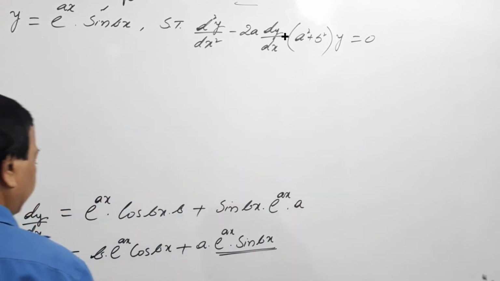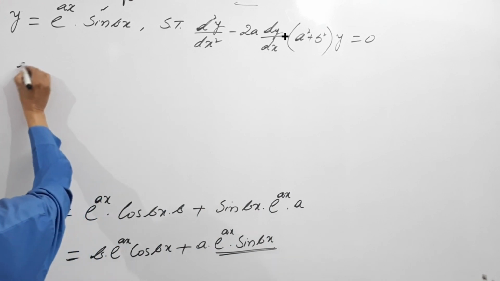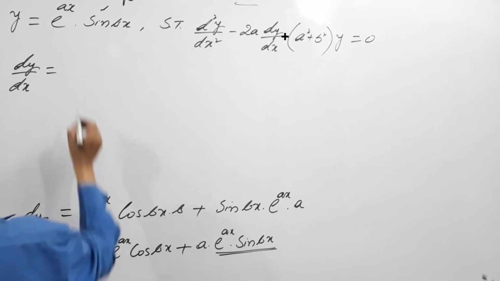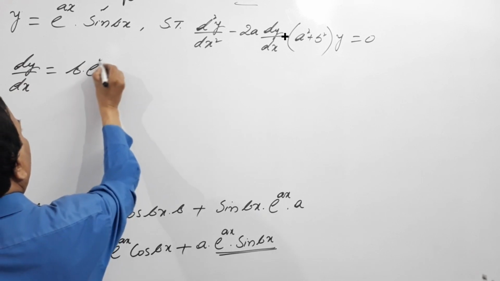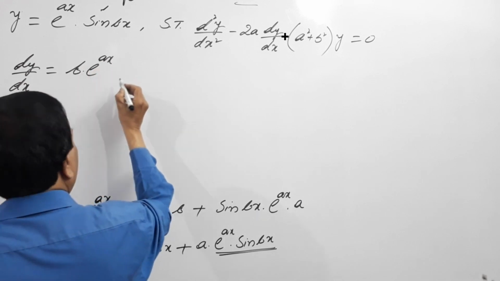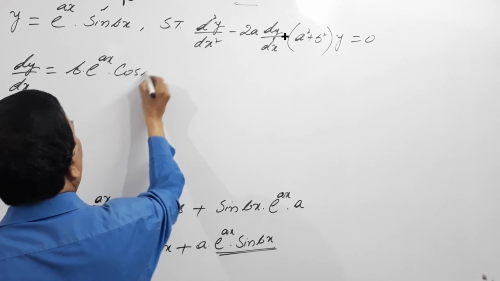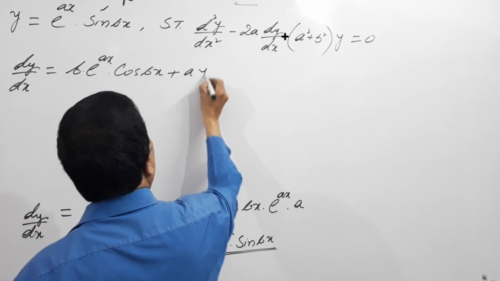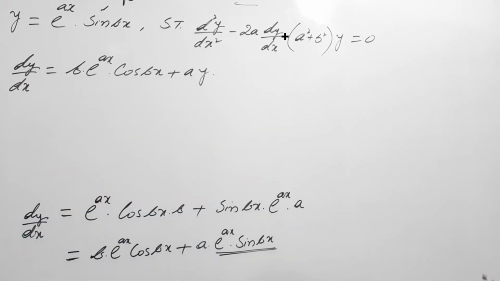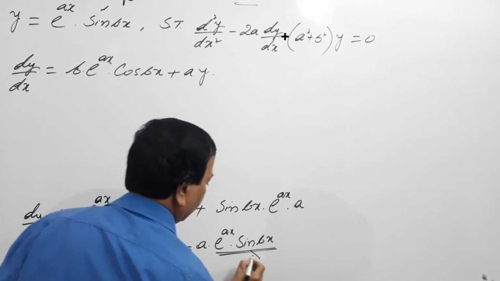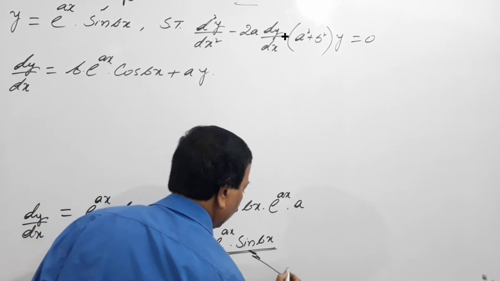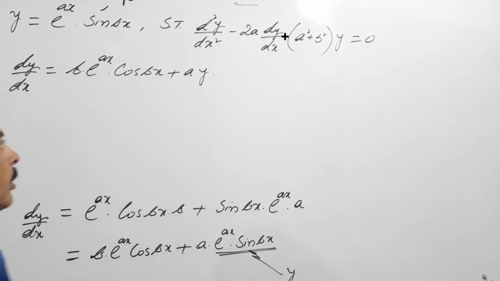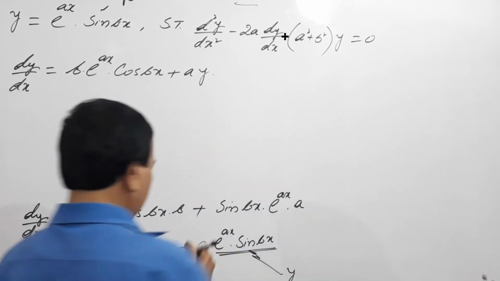So what I'll do? dy by dx equals b into e to the power of ax into cos bx plus a into y, because this is nothing but y. I replace that with y.